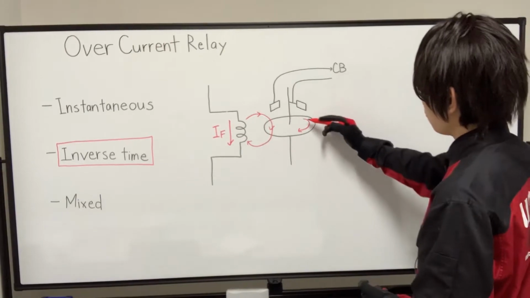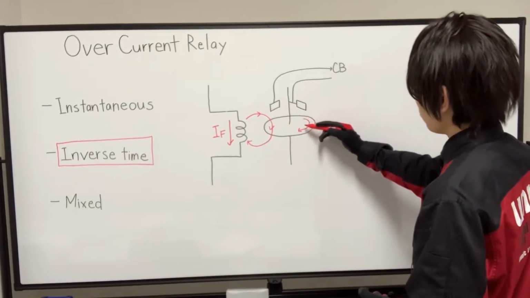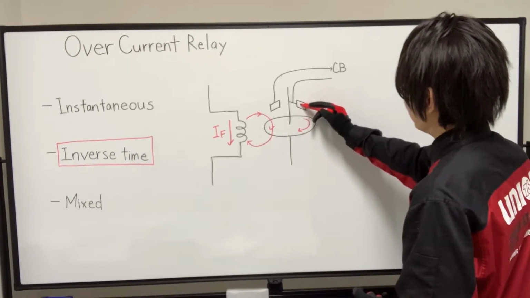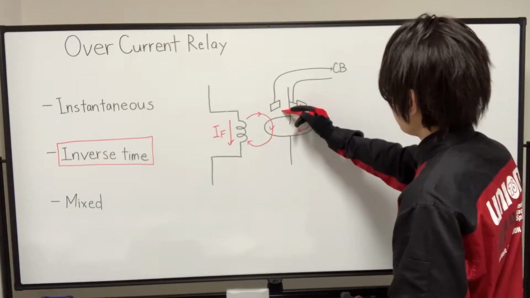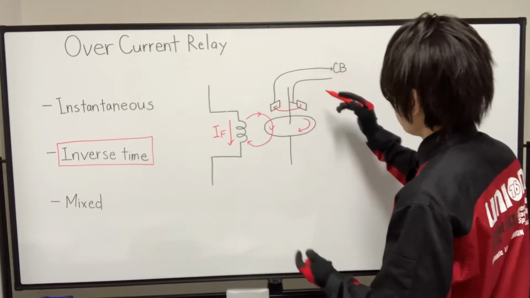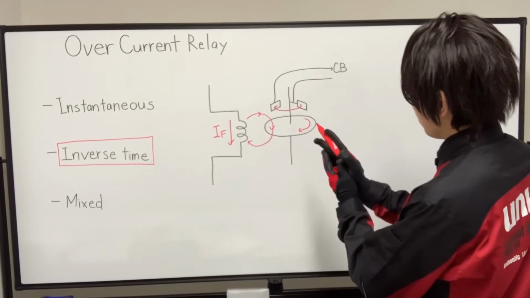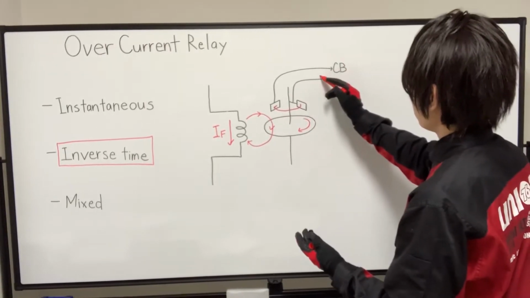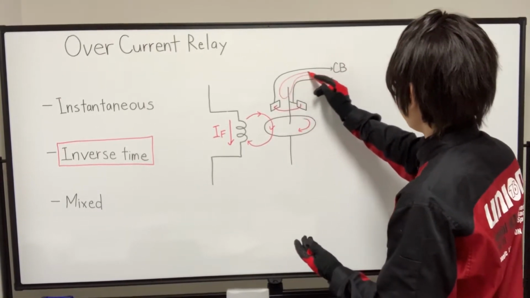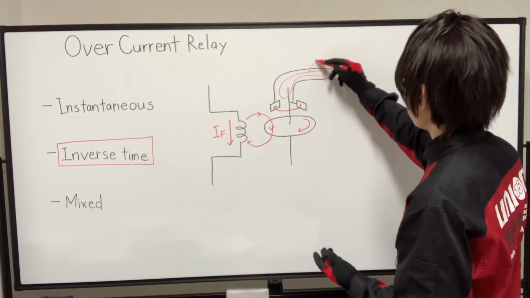So when the disk starts to rotate, the contacts get closer, and when they touch, the closed path is completed, and a trip signal is transmitted to the circuit breaker.